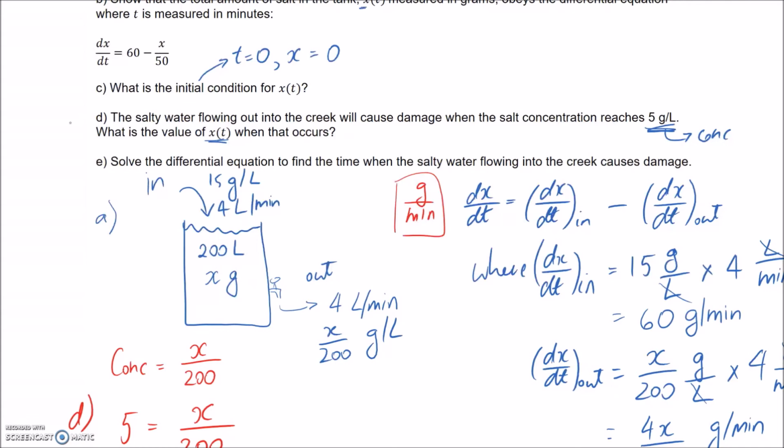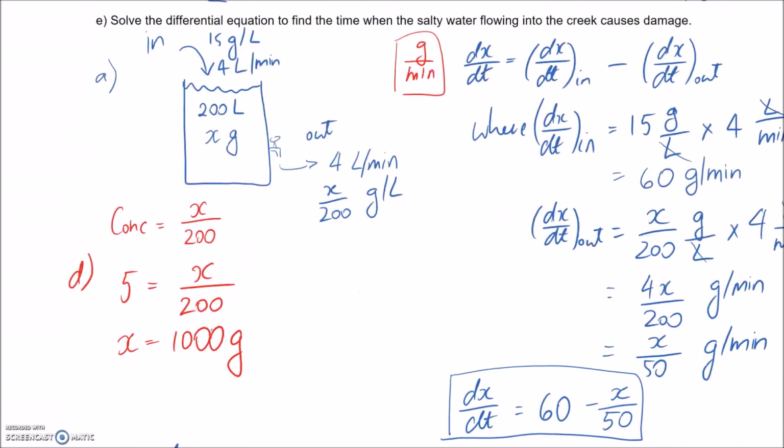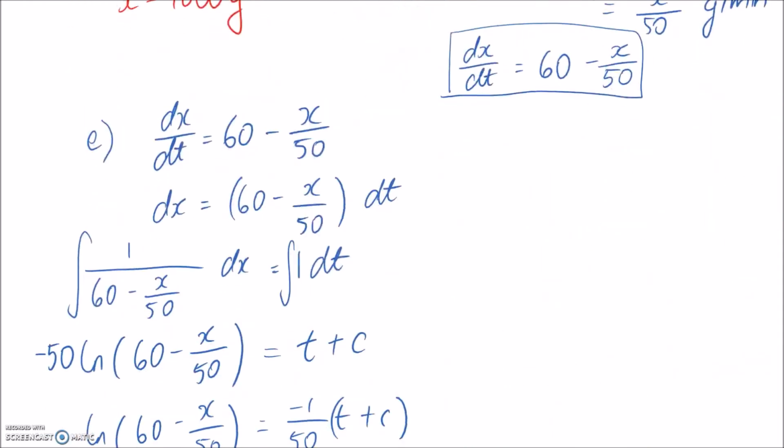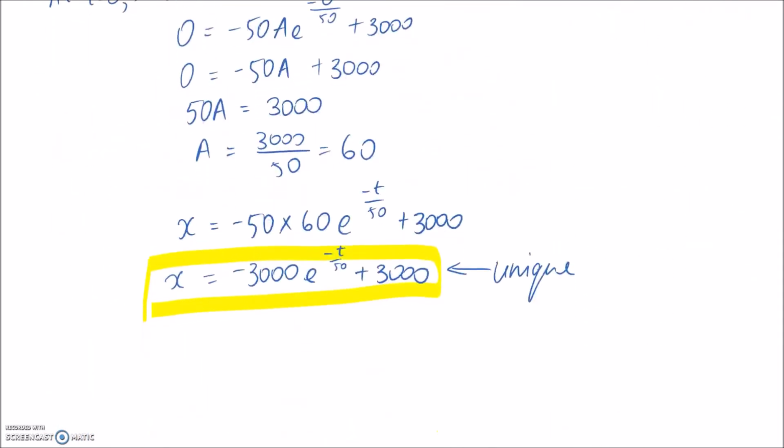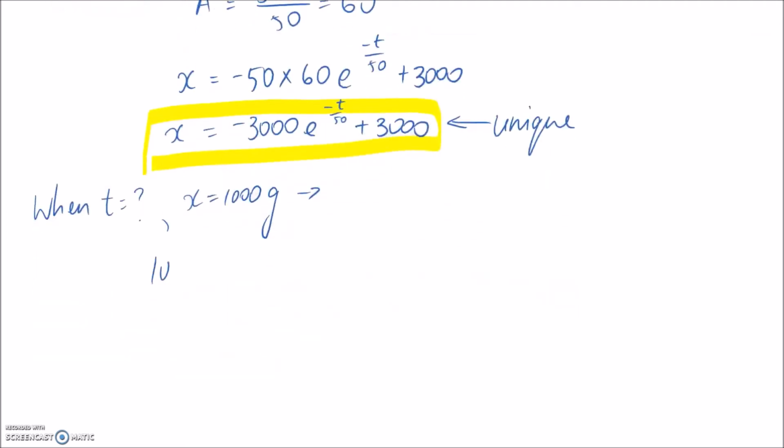Now, based on the work we did back in part D, we found that damage occurred when x hit 1,000 grams. So that's what we need to substitute in and just figure out what time is when x equals 1,000. So when t equals whatever, x equals 1,000 grams. So let's go ahead and do that.